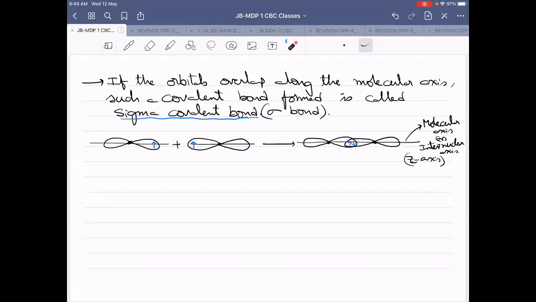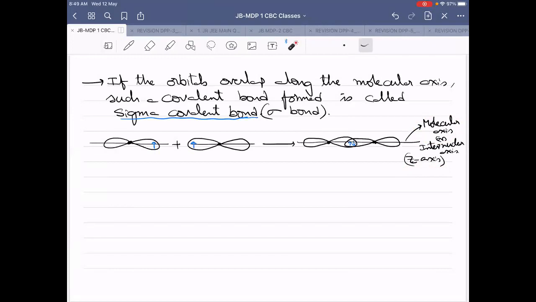So to avoid this confusion, what the chemists have decided is, whenever we discuss the molecular axis, to consider z axis to be the molecular axis. Any axis we can take, and all are the same only. Remember this point. Z axis will be the molecular axis in general.